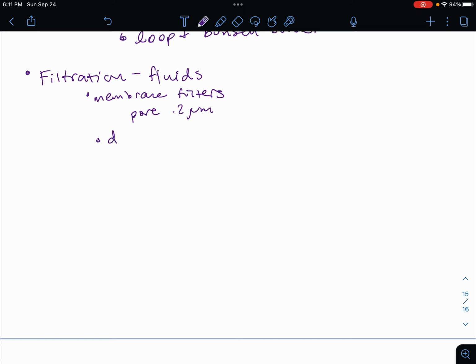We also have depth filters. These are going to be thicker with larger pores, and then we're going to use electricity to trap cells. Right, filtration of air.